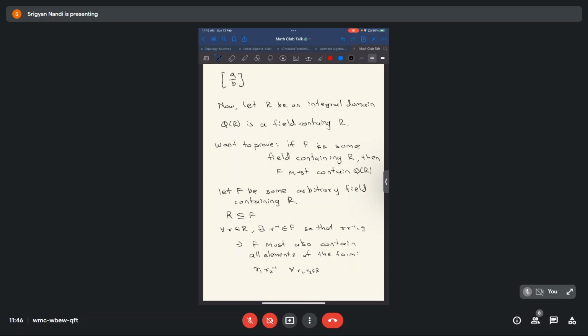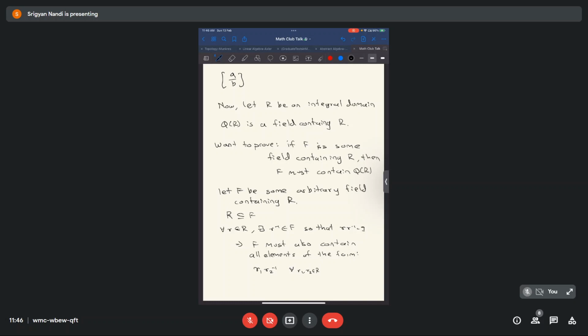Yeah, this follows from closure. Yeah, exactly. It follows from closure. We had one set of elements, which was all the elements of R. We took their inverses, and then we multiplied the original elements with the inverses. So we've gotten here so far.